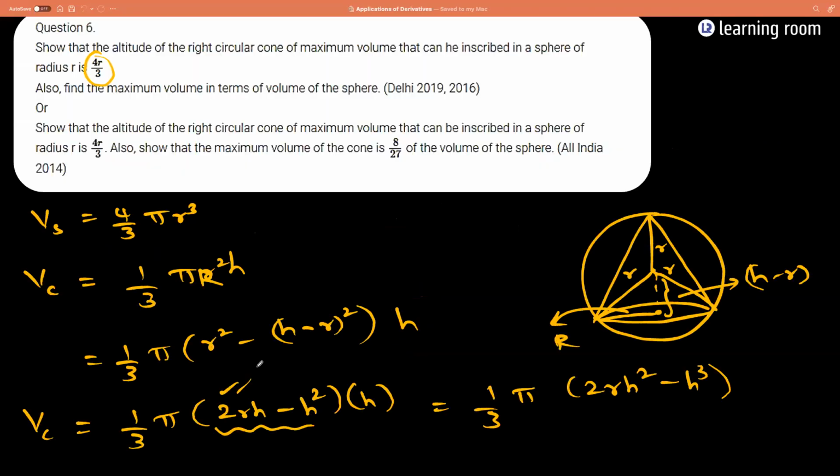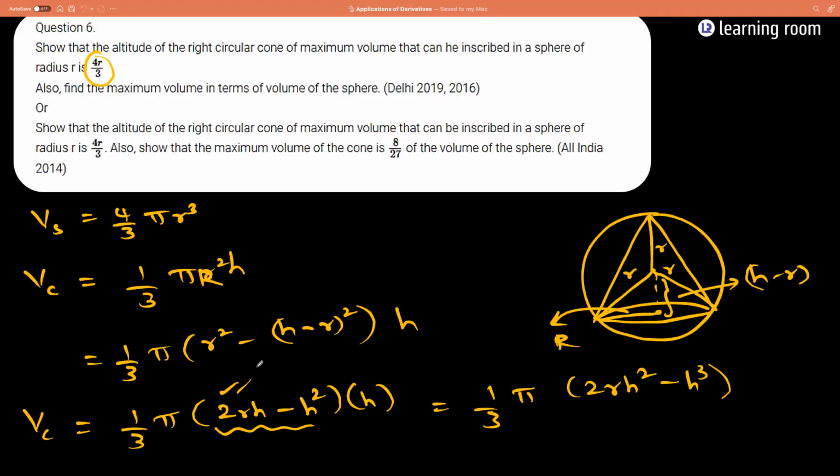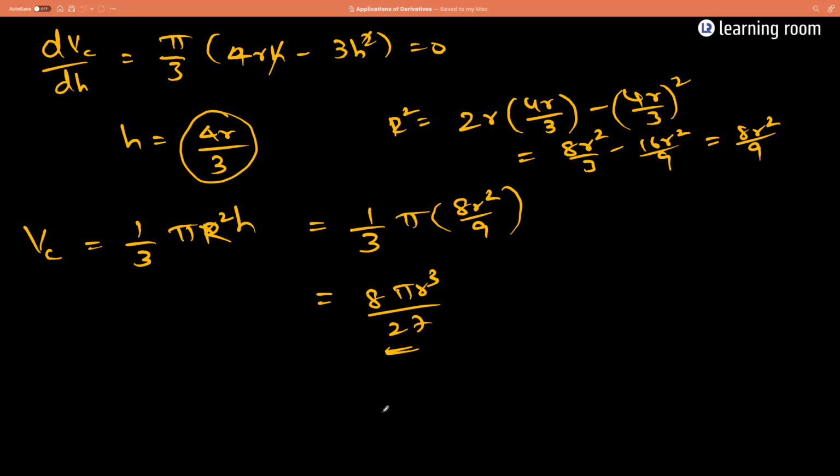Sir, you didn't multiply it with h, sir. Which h? 4r by 3. Yeah. So into how much is left out? 4r by 3. So how much will it be? 32 r cube divided by 27.